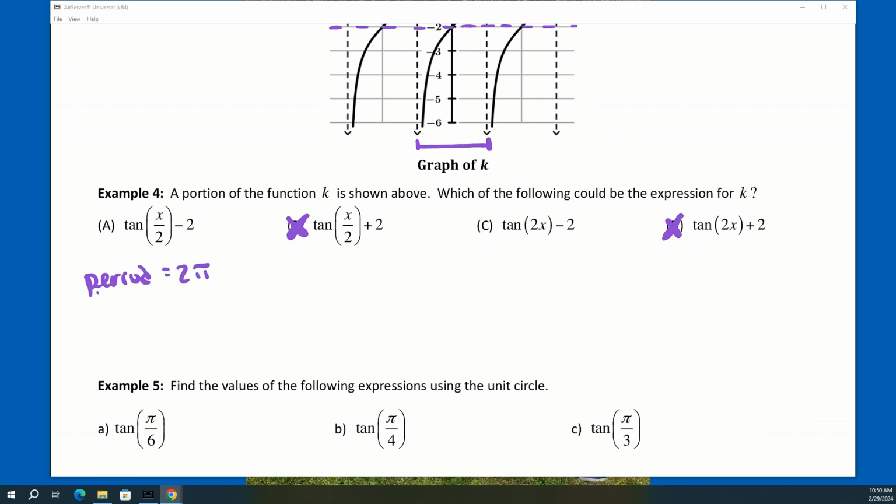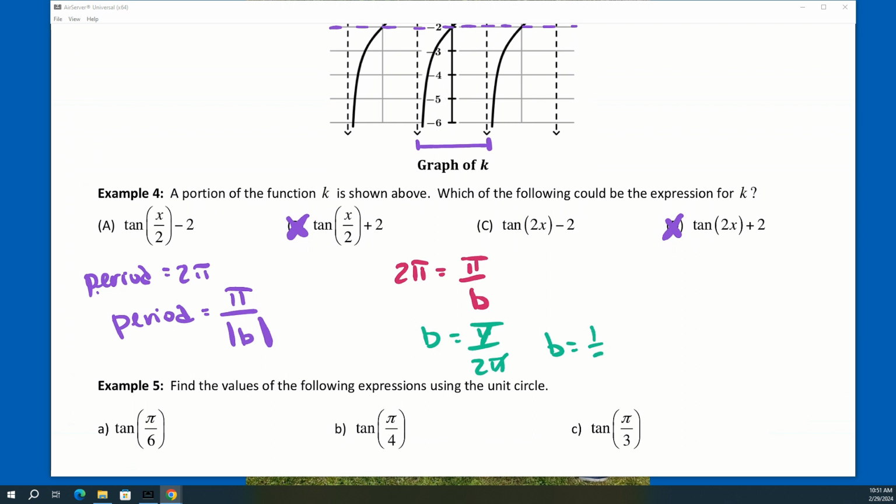All right, and for tangent, we can say that the period is equal to pi over the absolute value of b. So our period is 2 pi. It should be equal to pi over b. So we'll switch places. So b is 1/2. So that's going to make our answer A.